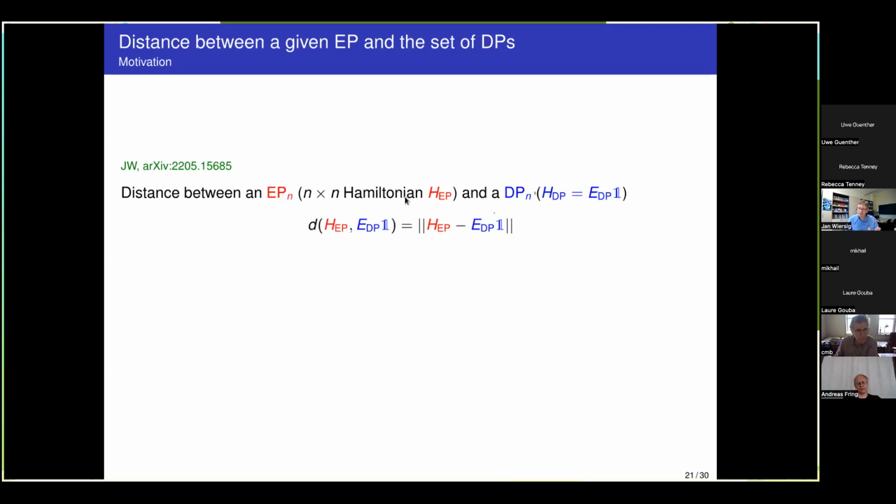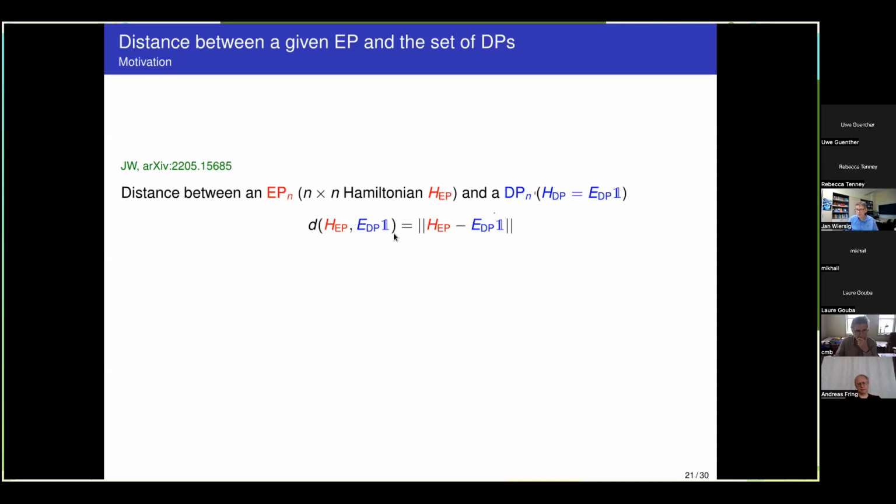We have Hamiltonians of size n times n, both for the exceptional point and for the diabolic point. The Hamiltonian for the diabolic point we can always write in this simple manner: it's the eigenvalue at the diabolic point times the identity. This is always true in any orthonormal basis that we can choose.